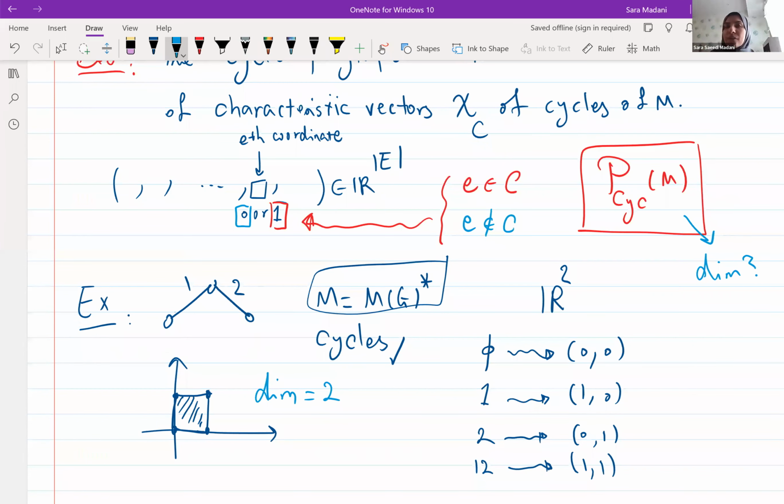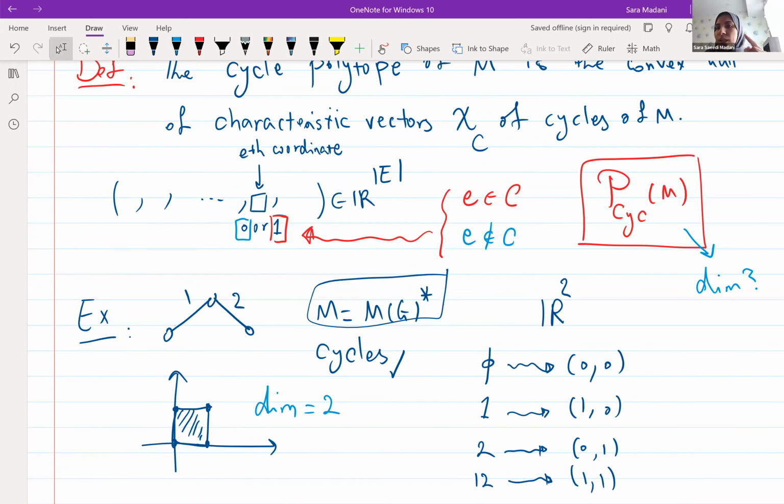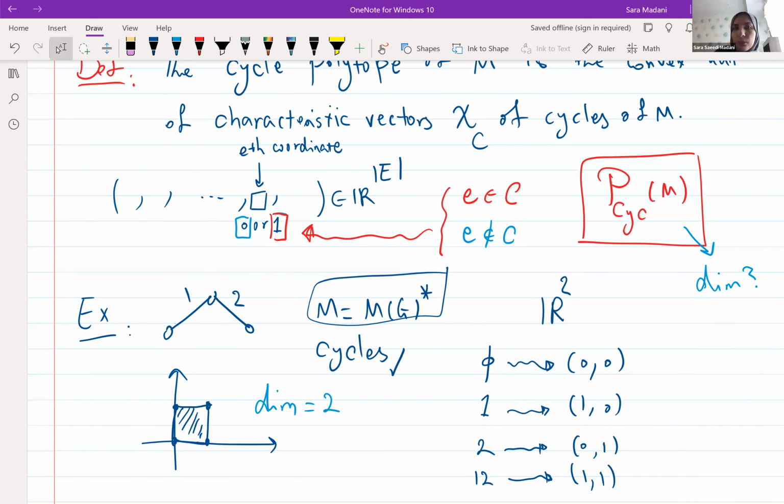And we would like to have some formulas which use the other language. So if we have some formula for the dimension of this polytope as a geometric invariant in terms of some combinatorics of the matroid, that would be nice. We would be happy to have such a formula.